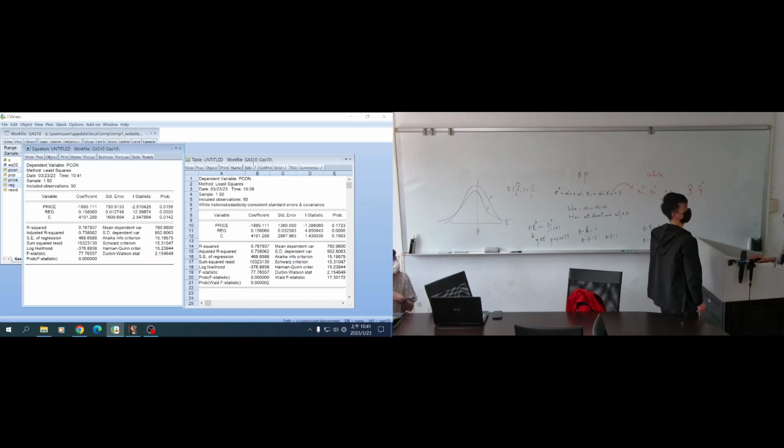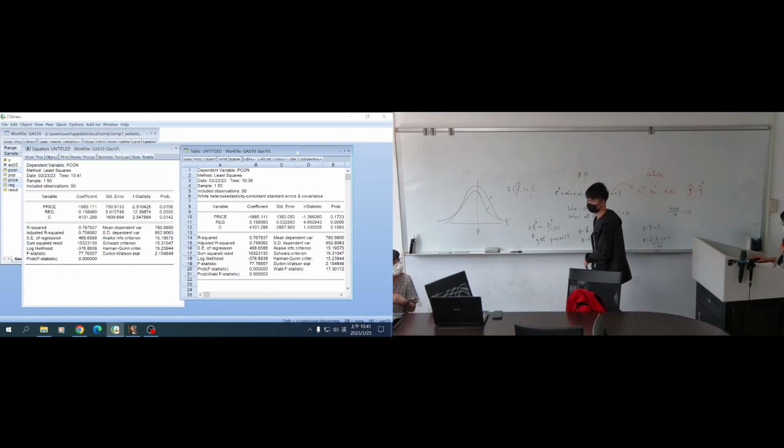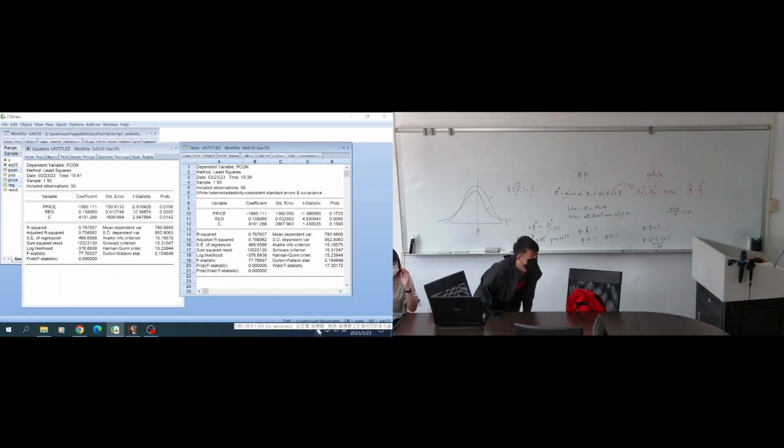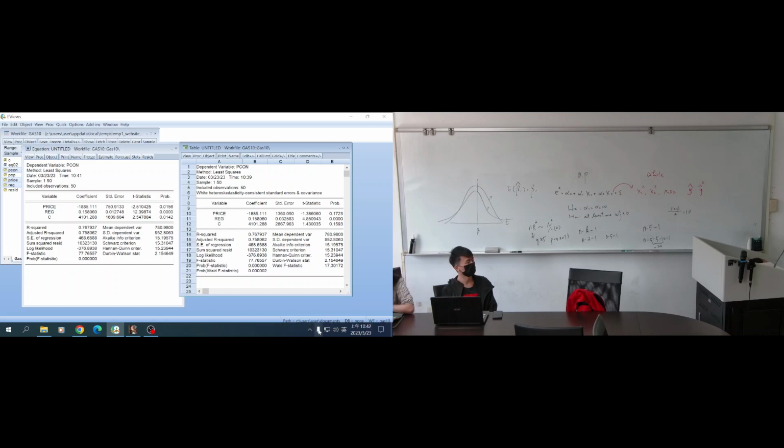Okay, let's compare these two outputs. You'll see that both of them have the same coefficient. Did you see that? But look at the standard error. It's different. This one is without correction, and this one is with correction.